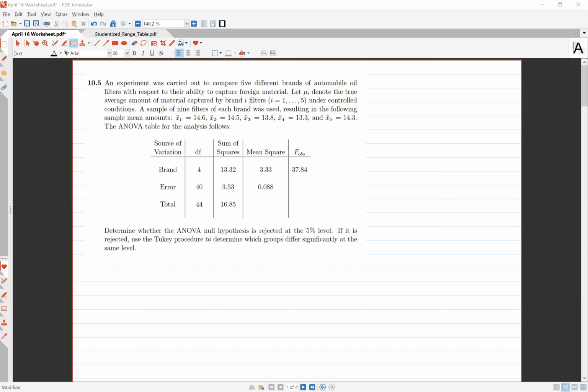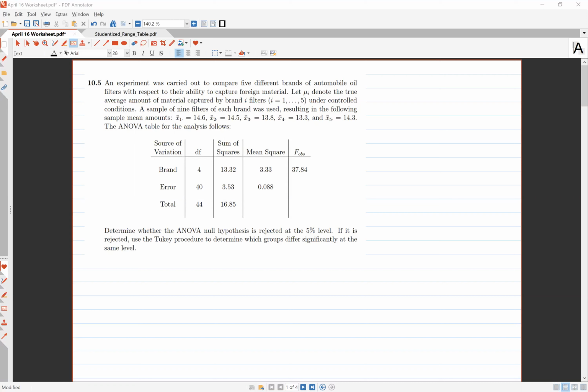Now let's jump in and look at this first example. An experiment was carried out to compare 5 different brands of oil filters with their ability to capture foreign material. So we want to compare these 5 brands of filters, and we selected 9 filters of each brand and did an experiment.